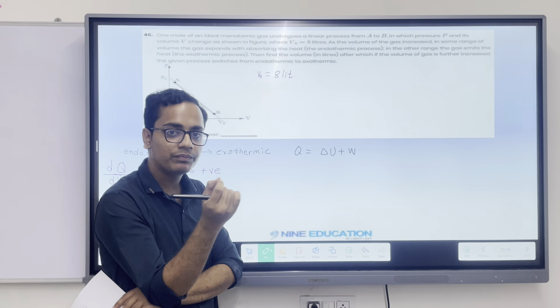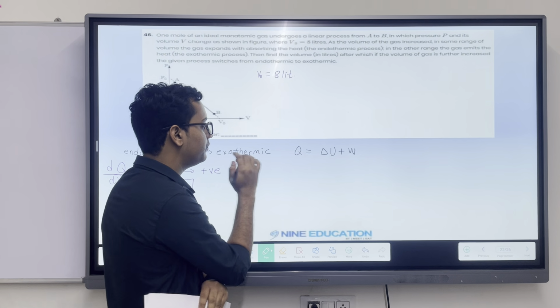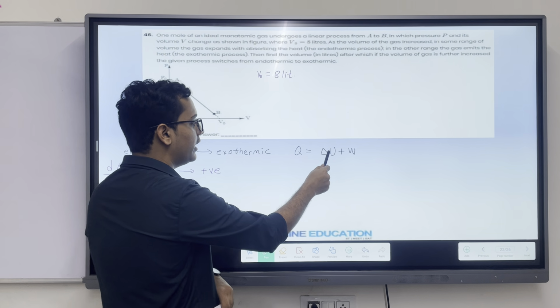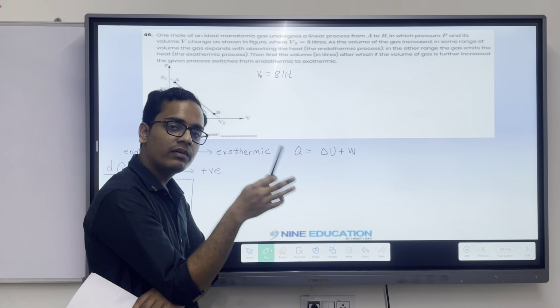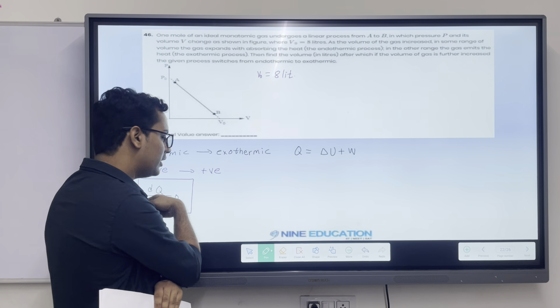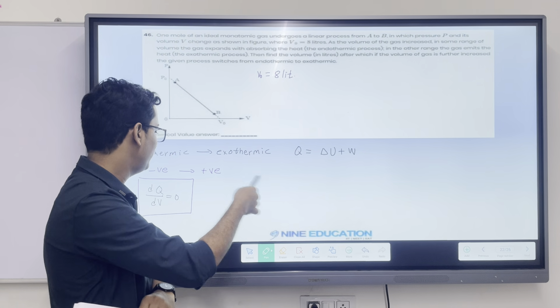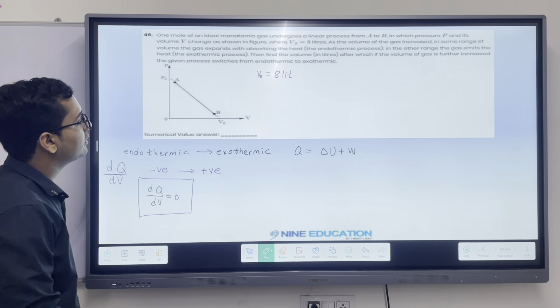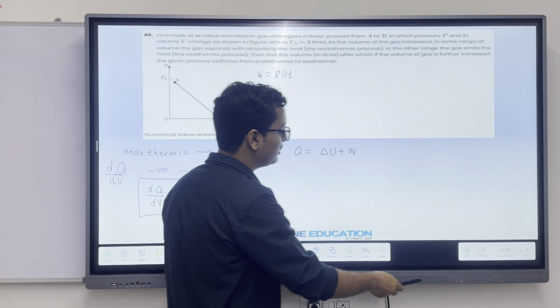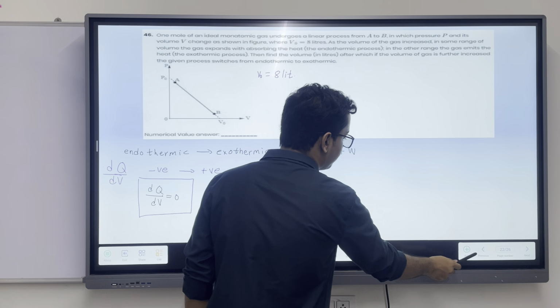You want volume for the Q. So I'll write down delta U and W, convert them into volume, write down an equation of Q in terms of volume, and then differentiate it and simplify. Okay, so I'll do this on the new slide.